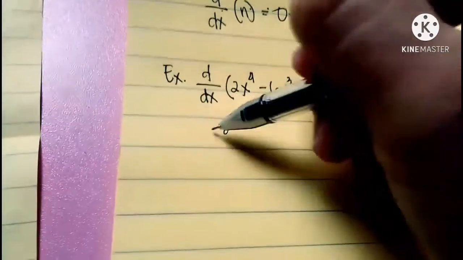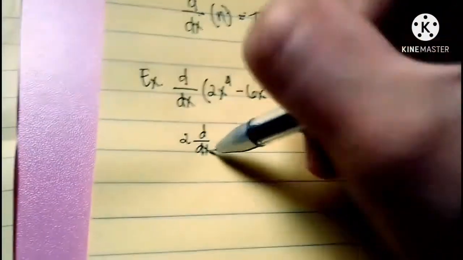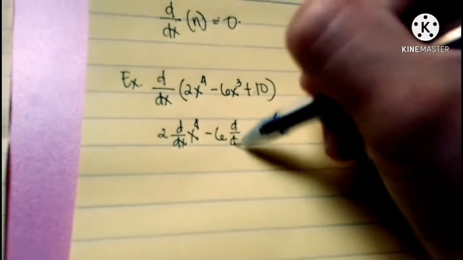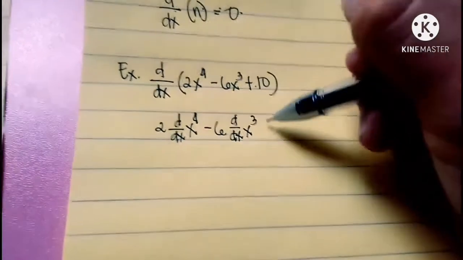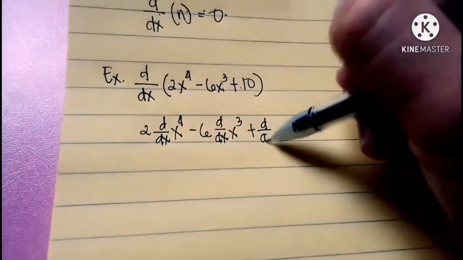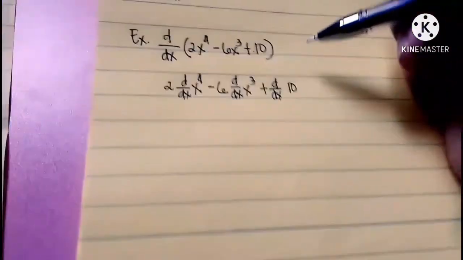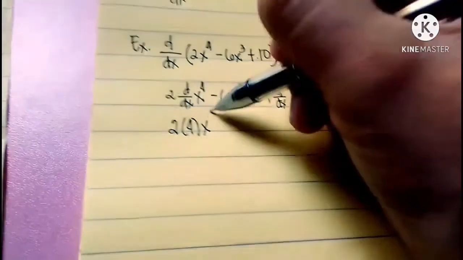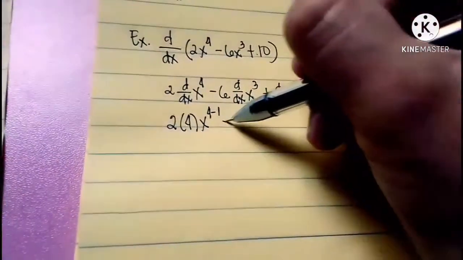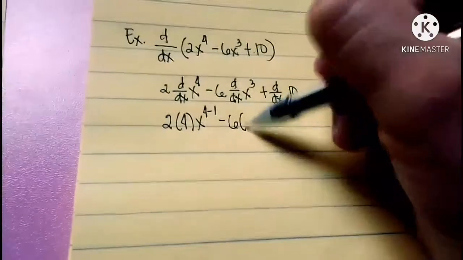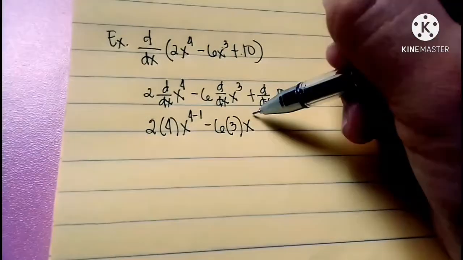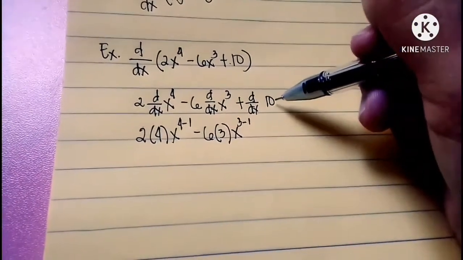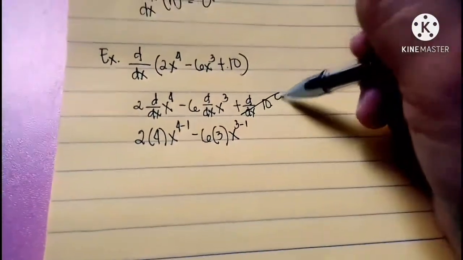We have 2 times the derivative of x to the power of 4 minus 6 times the derivative of x to the power of 3 plus the derivative of 10. Then 2, bring down the 4, x to the 4 minus 1, then negative 6, bring down the 3, x to the 3 minus 1, and we all know that the derivative of a constant number is equal to 0.